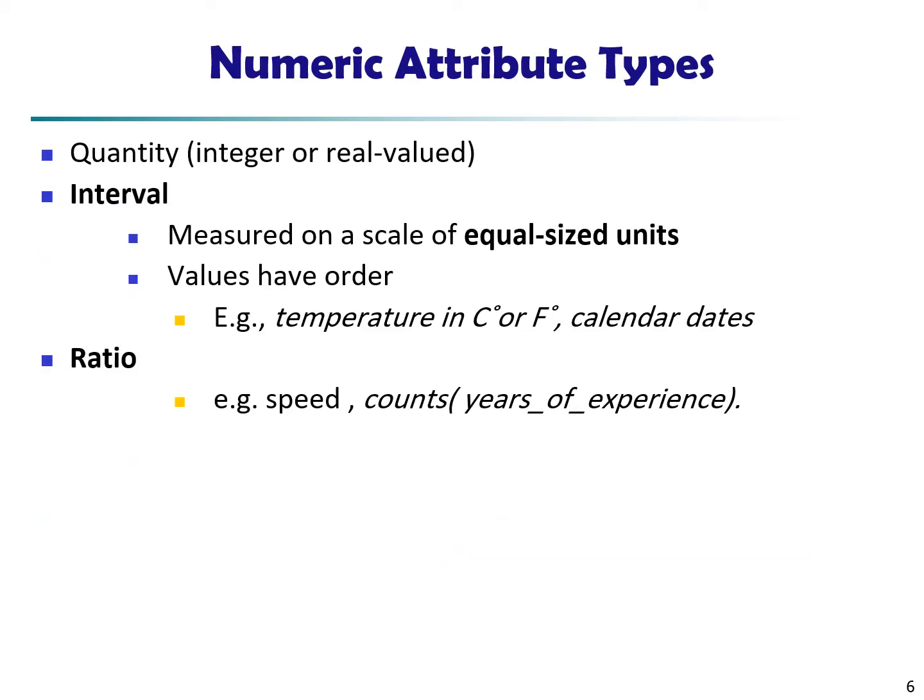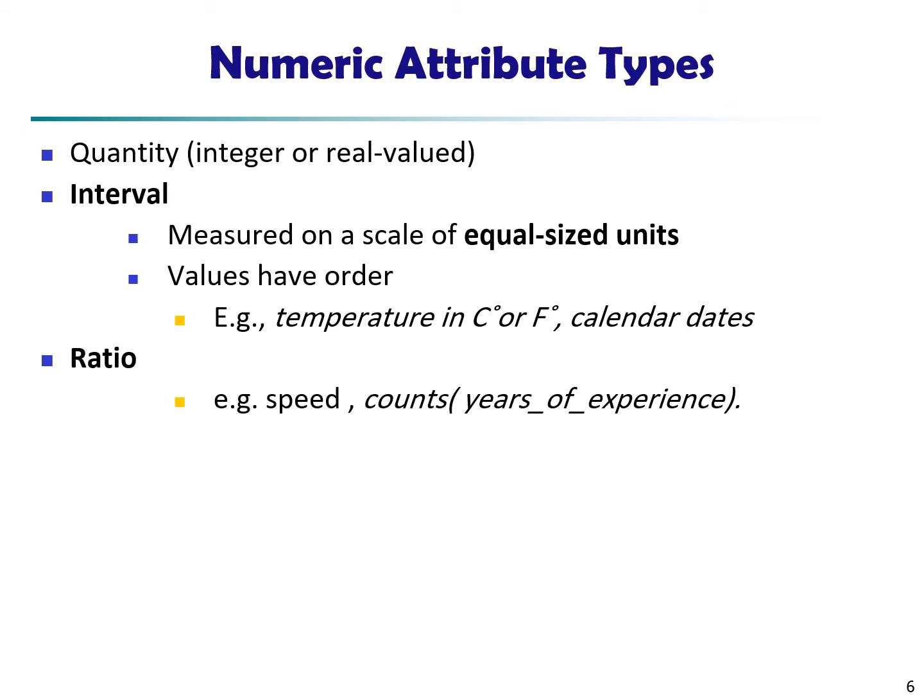Now, numerical attribute types. We said that it's about quantity, so it's about numbers. These numbers can be integers or real numbers. Integers such as 1 to 1000, or minus 1000, or real valued, which will have a decimal point.